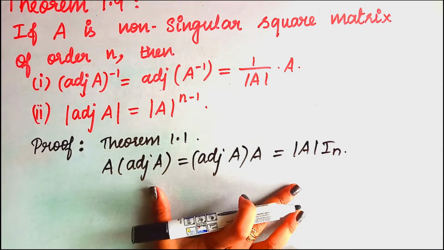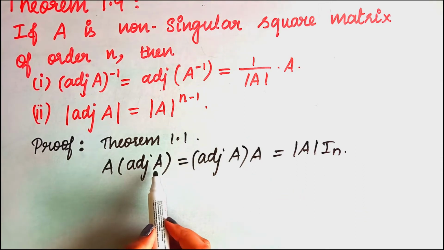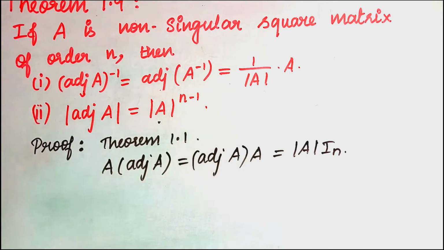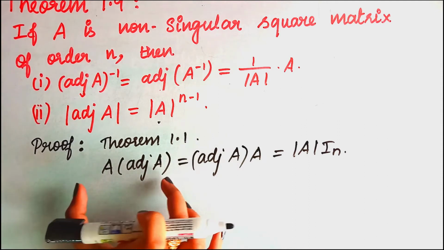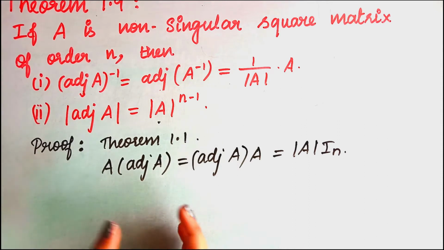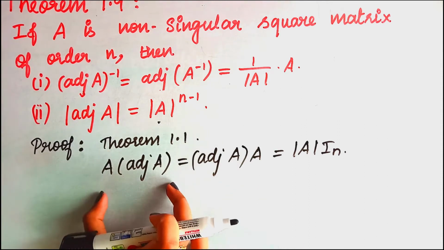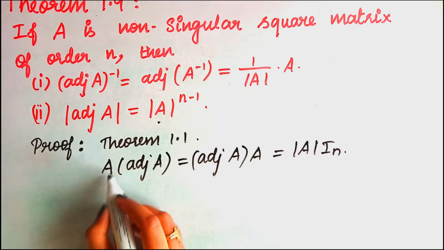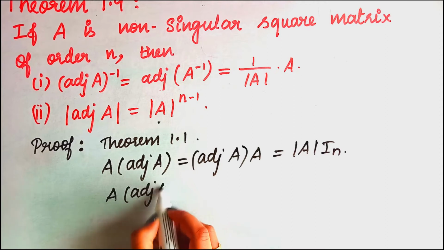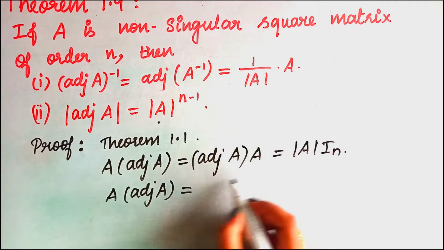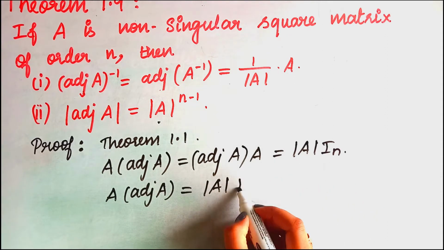Okay, so this is the formula where we have adjoint A and then determinant of A. And now I'm just taking any one of these terms because these both are just multiplied in a reverse order, right? So I'm taking this first term, A into adjoint A will be equal to determinant of A into In.